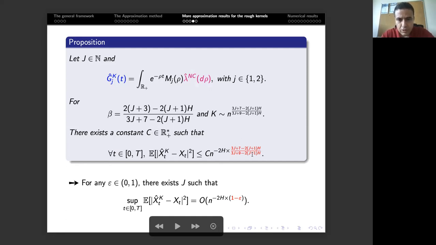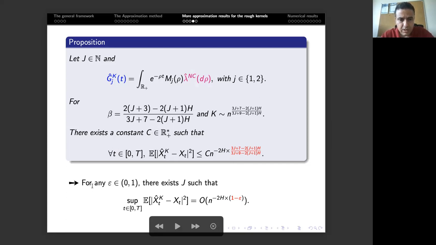So if you look closer at this constant, this means that when letting G tend to infinity, if you take a very precise approximation for the kernel, the ratio here tends to 1.